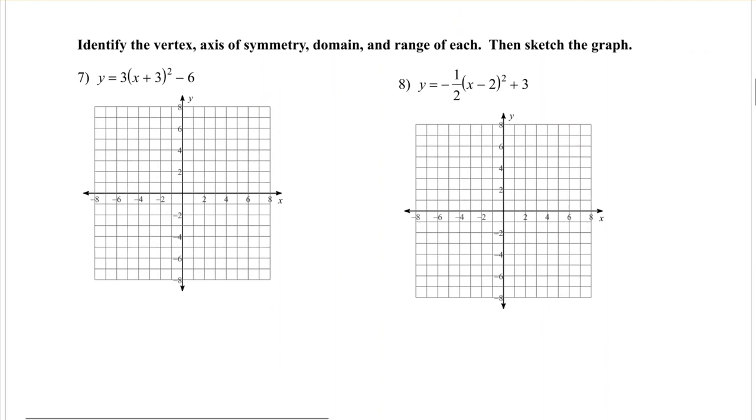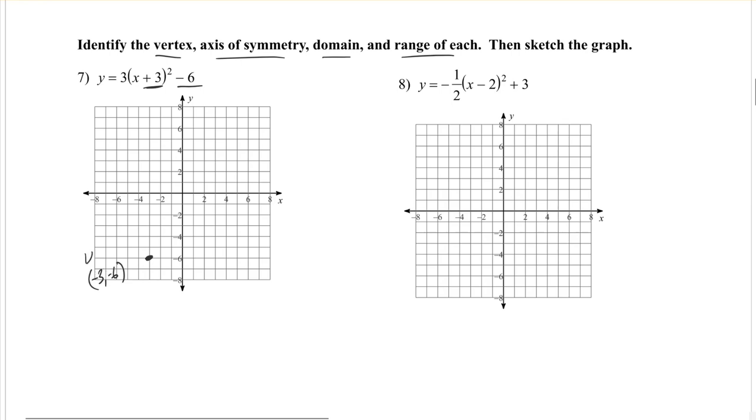Seven, graph these, identify the vertex, axis of symmetry, domain, range. So, there we go, we're in vertex form. So our vertex is negative 3, negative 6, right here. Let's label it. Negative 3, negative 6.